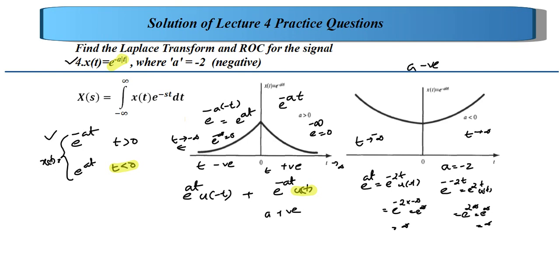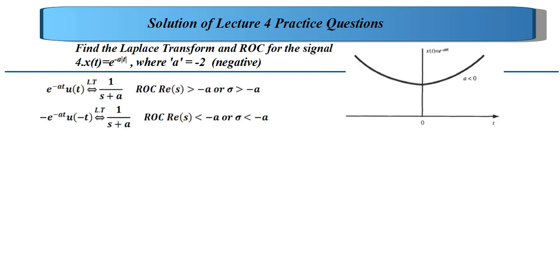Now we can check the Laplace transform. Here the signal is e raised to 2t into u of t, and here the signal is e raised to minus 2t into u of minus t. So this is the shape of the signal.